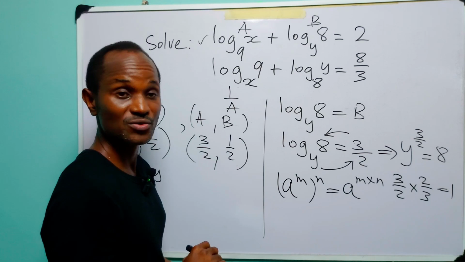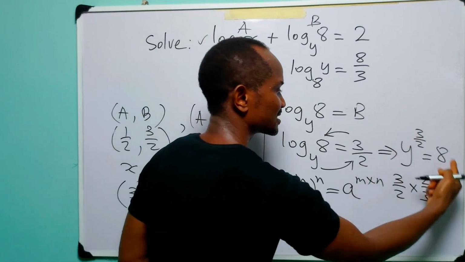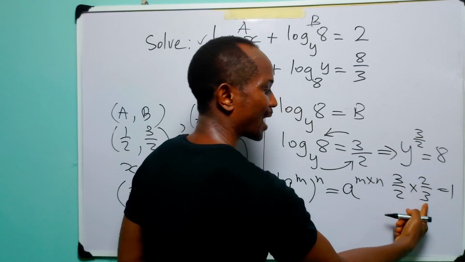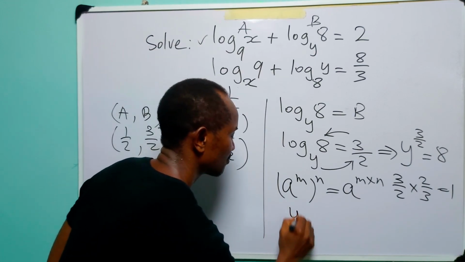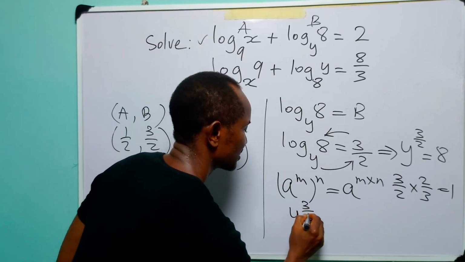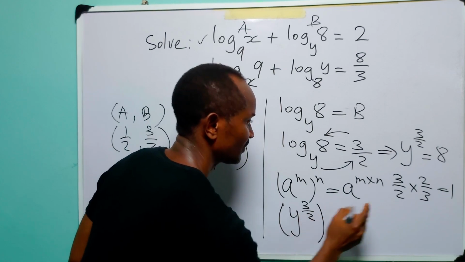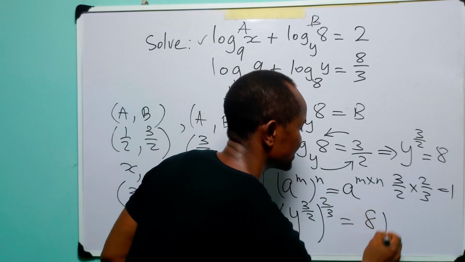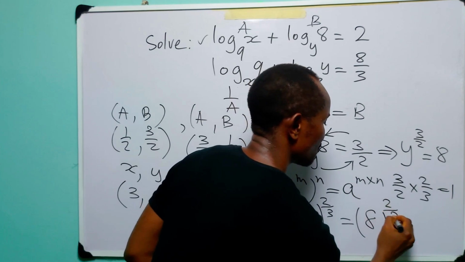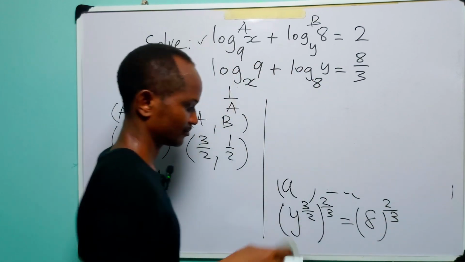So we are going to raise both sides of this equation to power 2/3. We have y raised to power 3/2 raised to power 2/3 is equal to 8 raised to power 2/3.